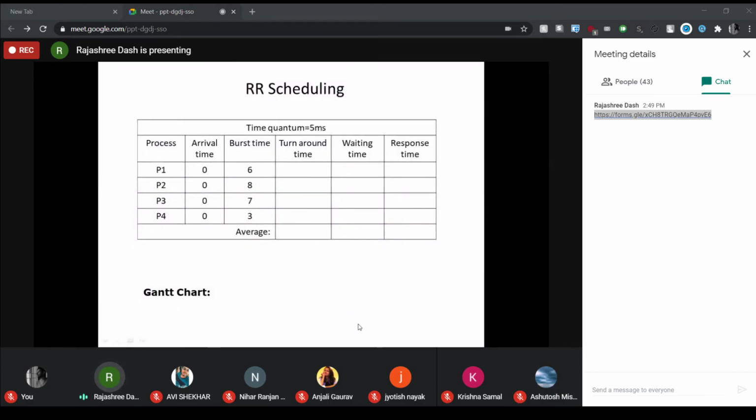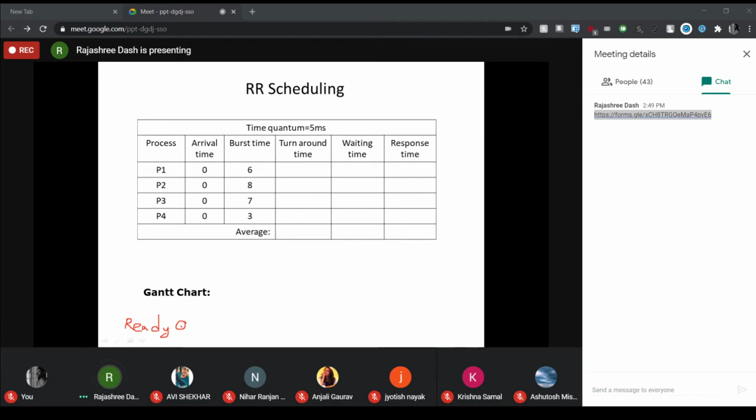Now come to the problem using round robin scheduling. So there are 4 processes P1, P2, P3, P4, all having the arrival time 0.